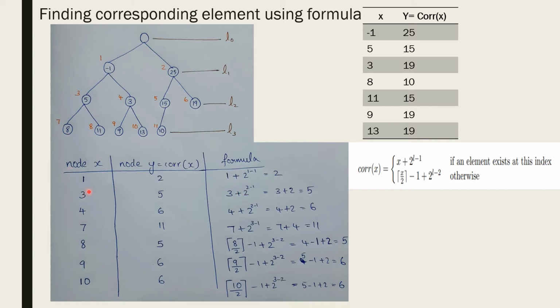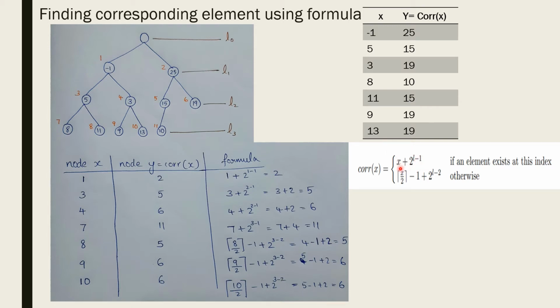Now coming to the next one, the third node. We have to find the corresponding element. For the third node, the x value is 3 and 2 power the level.